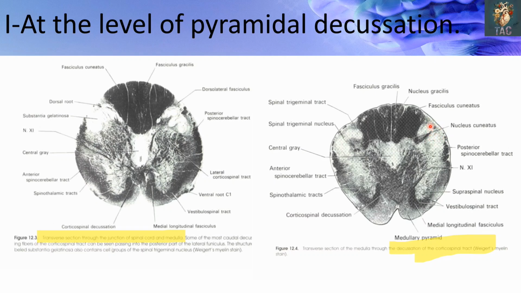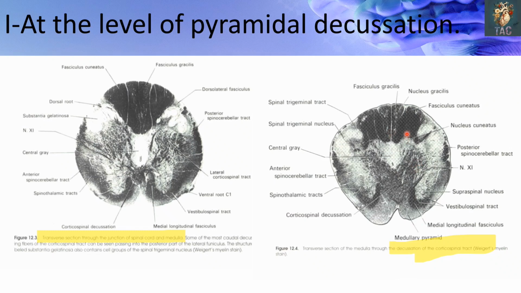Both of these structures represent the substantia gelatinosa of the spinal cord and the dorsolateral tract of Lissauer, which have been replaced here in the medulla oblongata by the spinal trigeminal nucleus and spinal trigeminal tract. Also, because of the decussating fibers of the pyramidal tract, the connection between the spinal nucleus of the trigeminal nerve and the anterior horn has been lost, and this area will form the reticular formation.